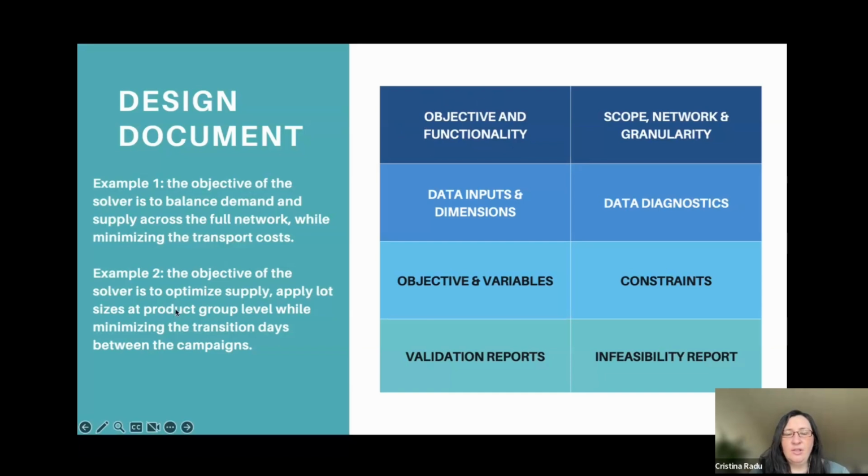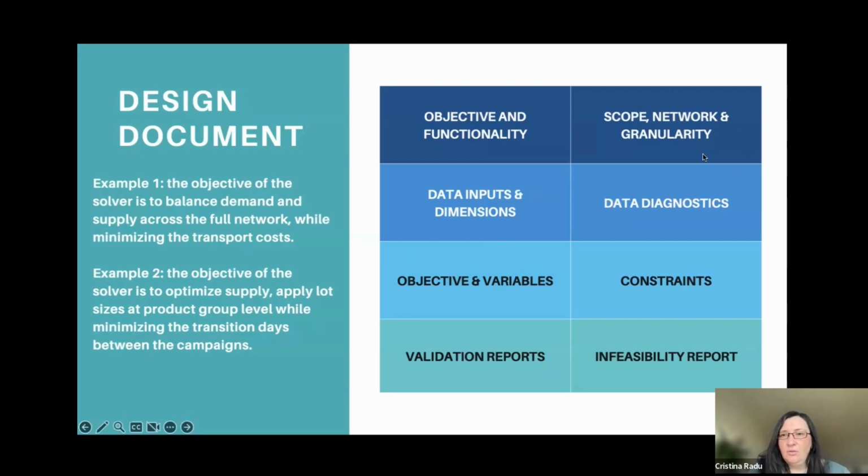So for example, the objective is this: we minimize transportation costs, and functionality, which are very important in production planning solvers, is the lot sizes, campaign planning, capacity constraints, storage constraints, this kind of constraints, because they are technically difficult to model. So then you need to know from the beginning, because this tells you in which direction you go.